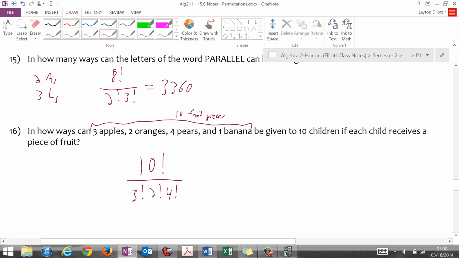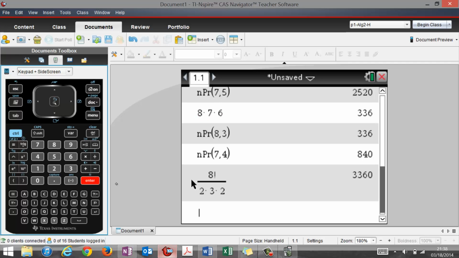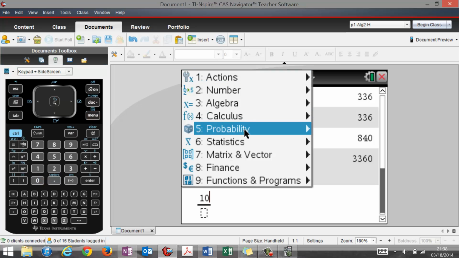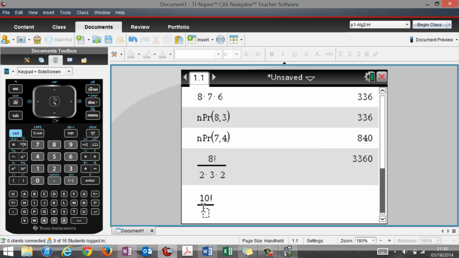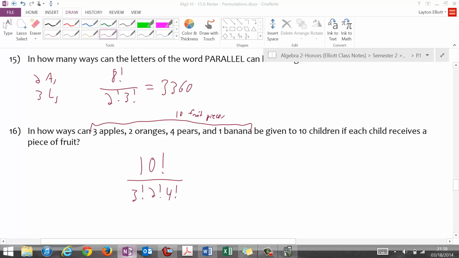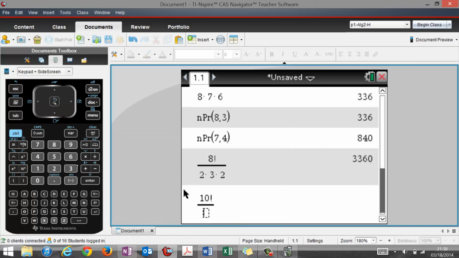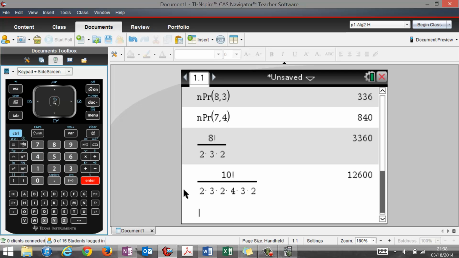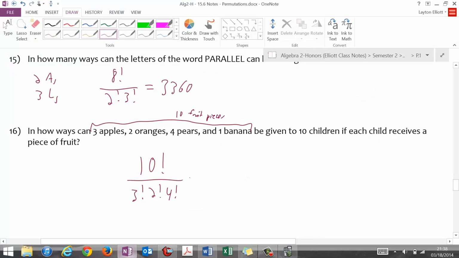Really don't need to put 1 factorial. And again, going back to a calculator, I'm going to build a fraction, 10 factorial over 2 factorial, 3 factorial, and 4 factorial. It's kind of quicker to write that like that. 12,600 different ways that could happen.